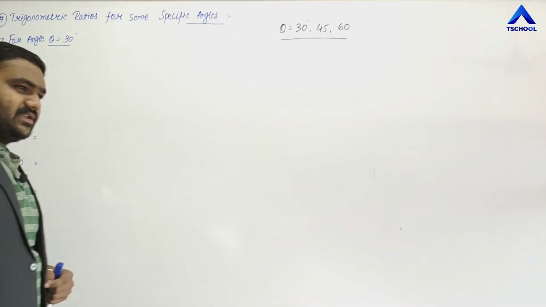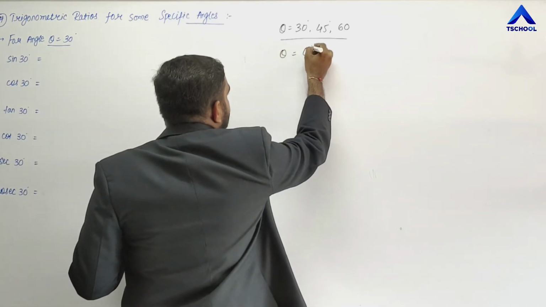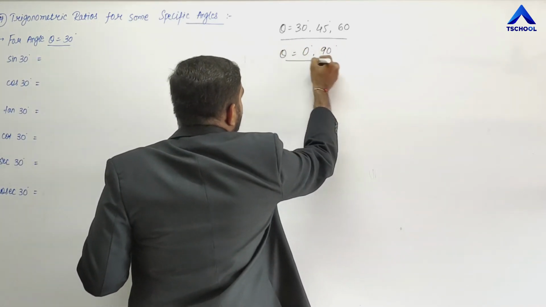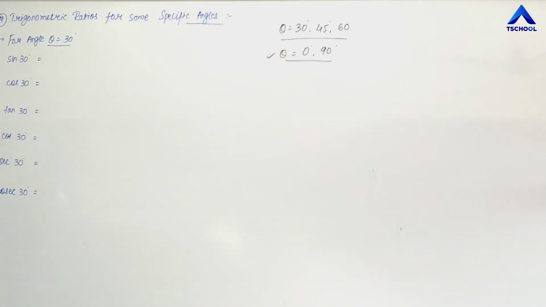Now, in this lecture, we will carry out the trigonometric ratios for theta equals to 0 degree and 90 degree both. But before starting with that, let us quickly revise what we have studied in the previous lecture.